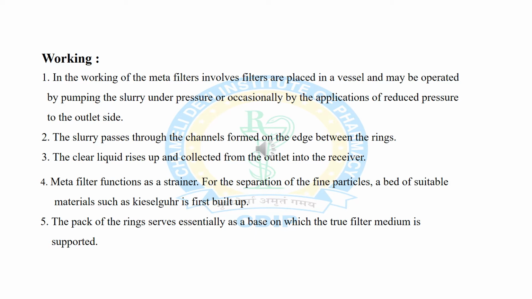In the first step, the metafilter is placed in a vessel and may be operated by pumping the slurry under pressure, or occasionally by the application of reduced pressure to the outlet side. In the second step, the slurry passes through the channel formed on the edge between the rings.